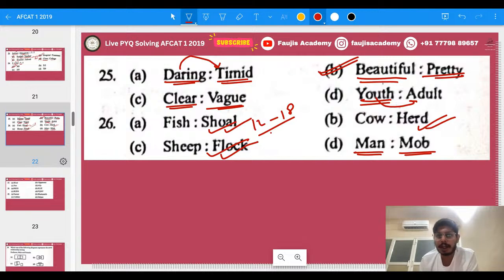We do not really have an odd one out over here. But in the sense that man only represents male, we are chucking out this one as the odd one out. Otherwise, we don't have an odd one out. 26D.